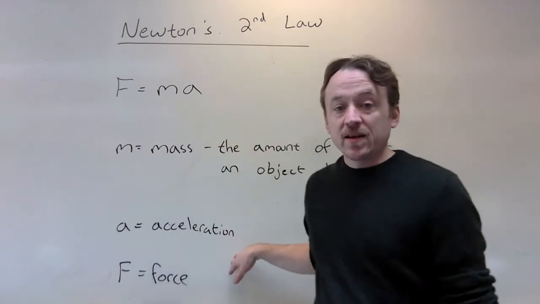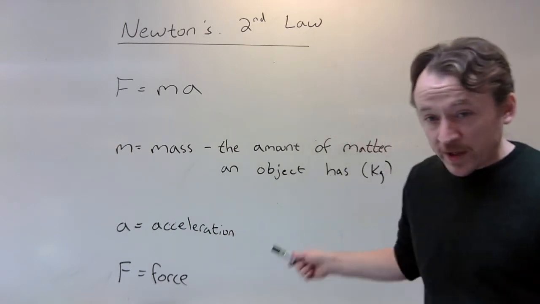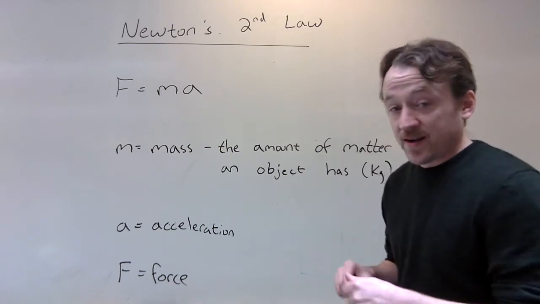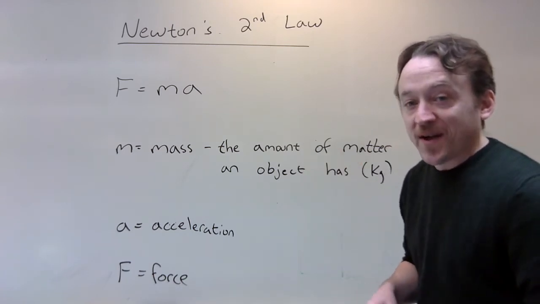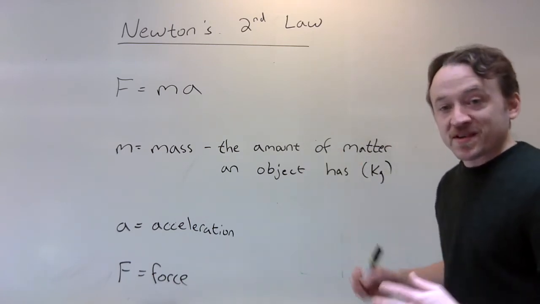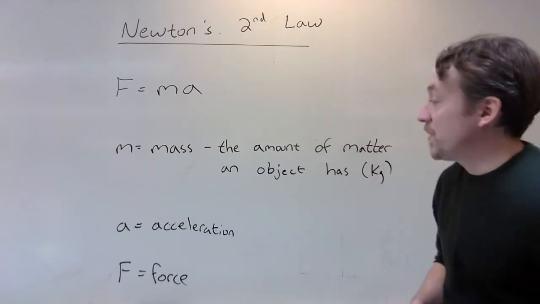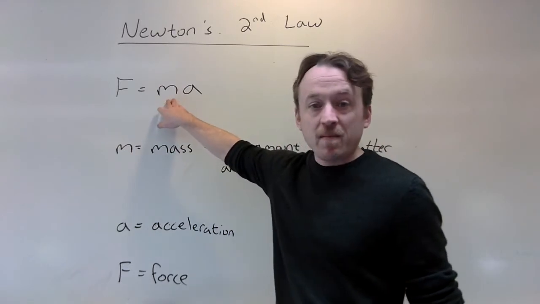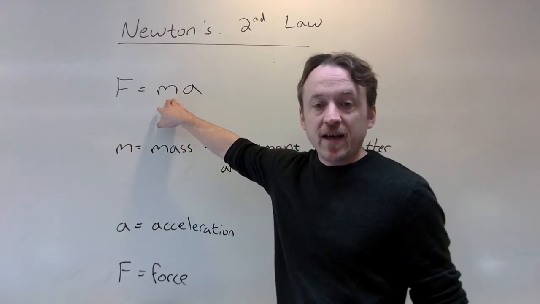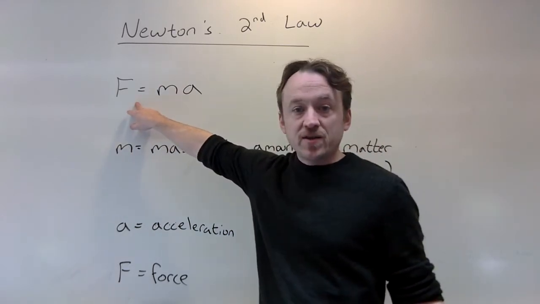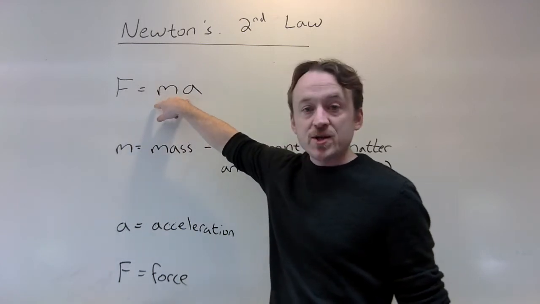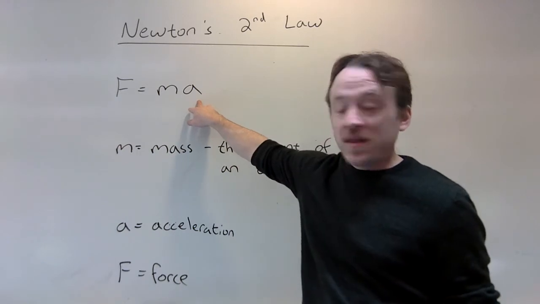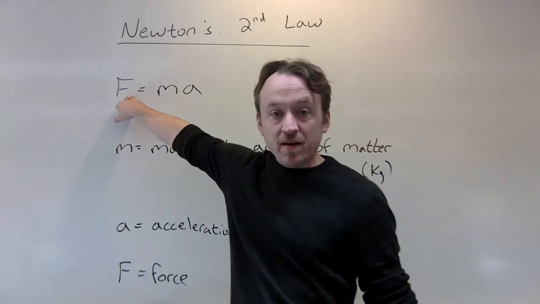The a is acceleration. We just went over acceleration in detail, and this is a very quick talk about F equals ma. Rather than doing a whole course, I'm going to try to sum this up in a couple of minutes. What this basically says is that for an object with greater mass, you need a bigger force to change its direction and to produce acceleration. If you want to accelerate more, you're going to need a bigger force.